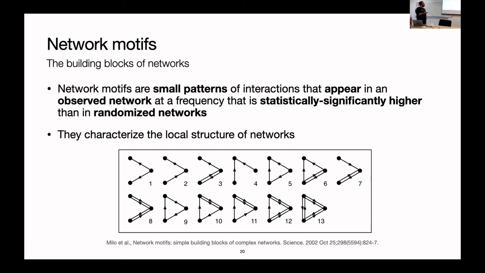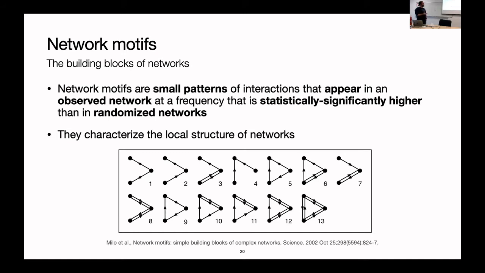They are basically small patterns of interaction that appear in observed networks at a frequency that is statistically significantly higher than in randomized networks. And the first time they were proposed, they studied patterns of interaction in directed and undirected networks. So these are the 13 possible patterns that I reported here.